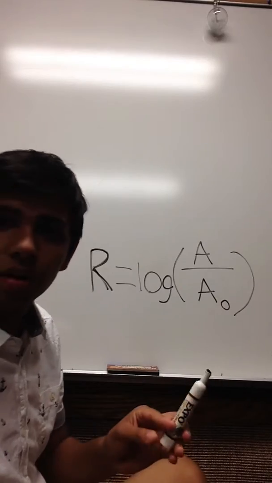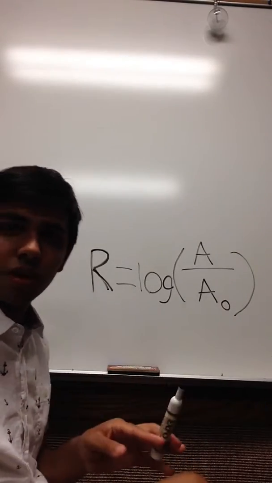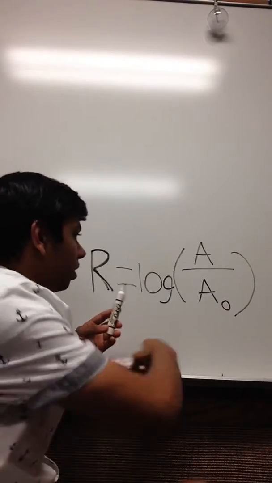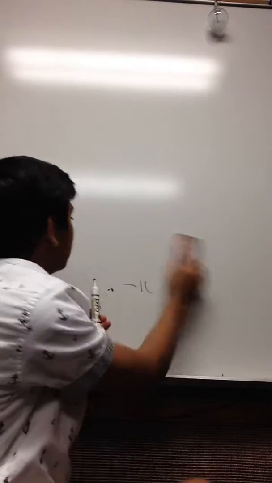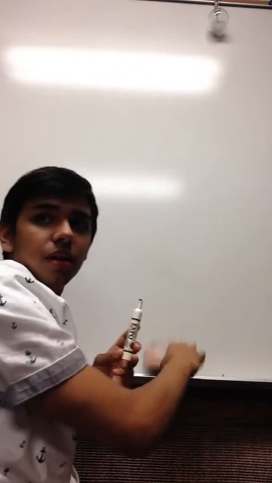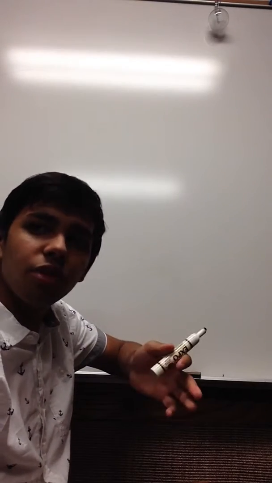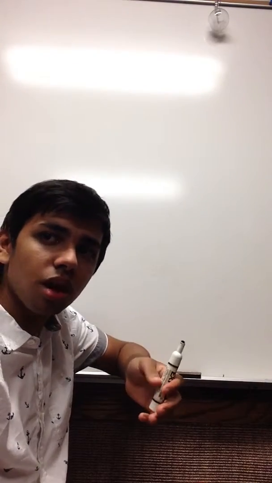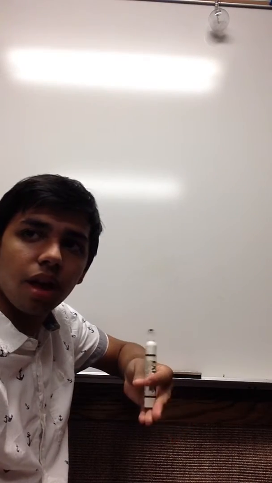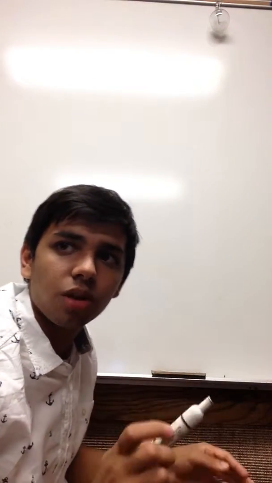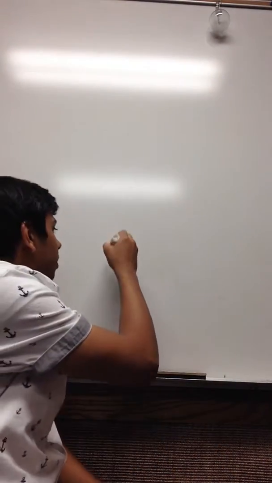So now we're going to start off with an example. Let's erase this real quick so we have room to write. Let's say an earthquake is measured with a wave amplitude about 392 times as great as the A0. So what is the magnitude of this earthquake using the Richter scale? What we're going to do is write out the equation.